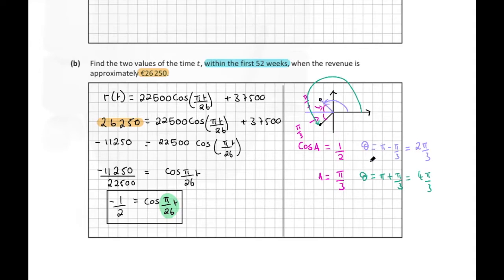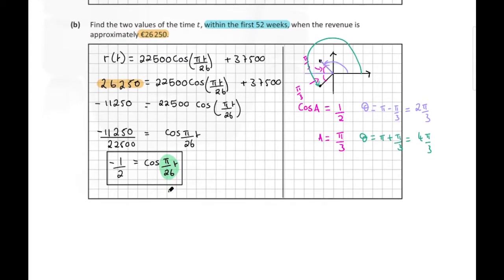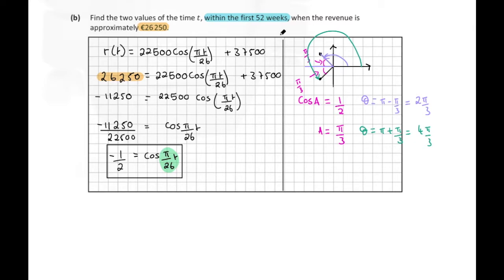Now the angle wasn't just theta. So if we look back at what the angle actually was, the angle was pi over 26 t. So it wasn't theta, it was pi over 26 t. Now I can deal with that. So at the moment we have that theta is equal to 2 pi over 3, but we know theta was that guy.